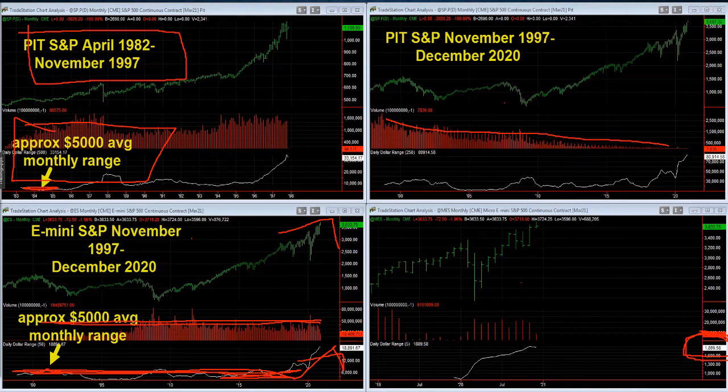One of the key points is that in 1997 they created the E-minis, and volatility did this. See, the market did this, and same thing, they created the micros now, and volatility has gone up even more after they created the micros.